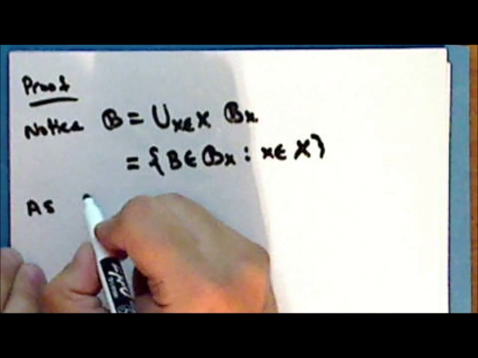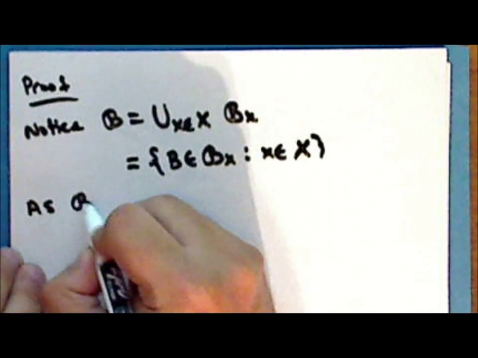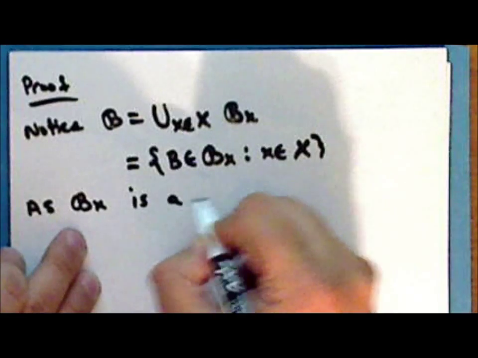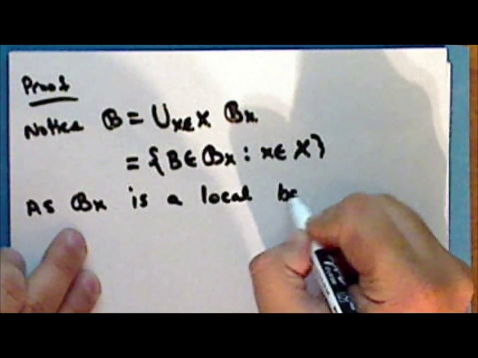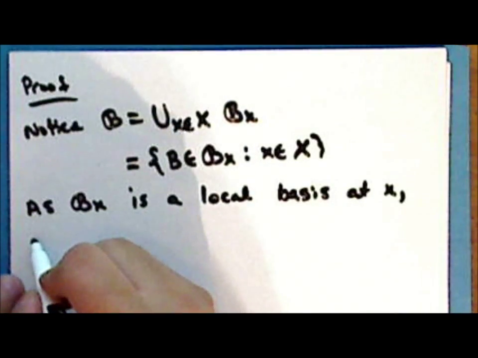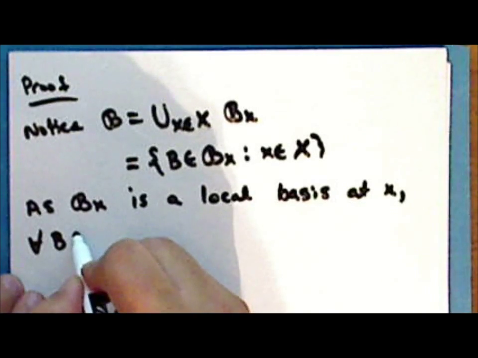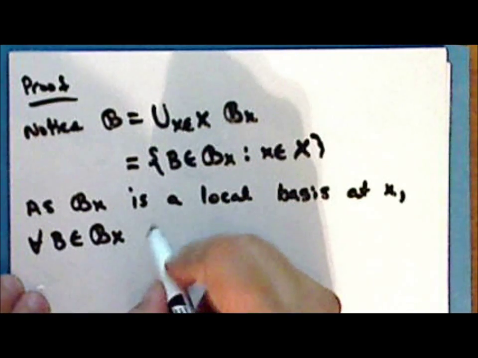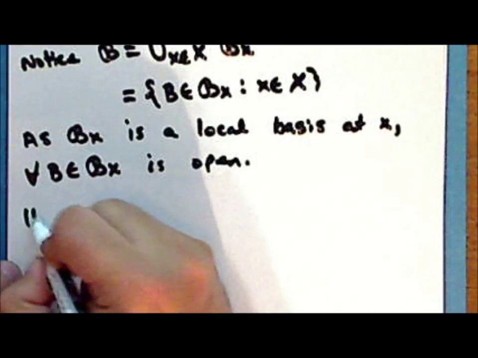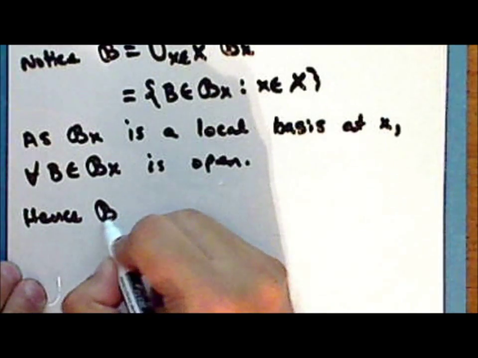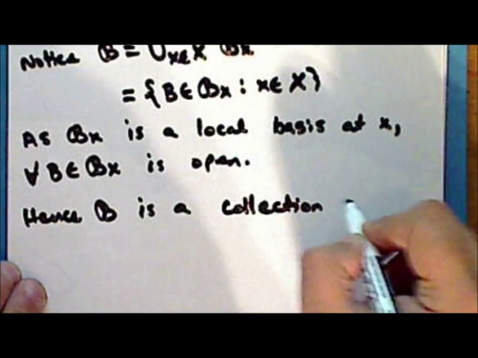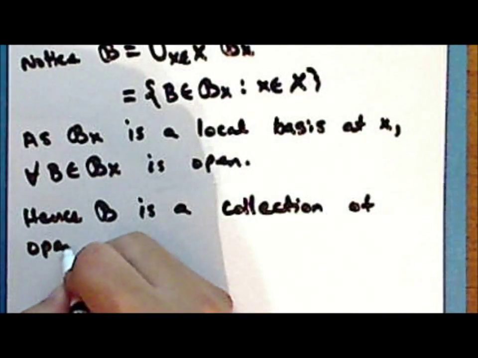Now, as each local basis at the point is a local basis at the point, we have that every set in the local basis is open, and hence the collection script B is a collection of open sets.